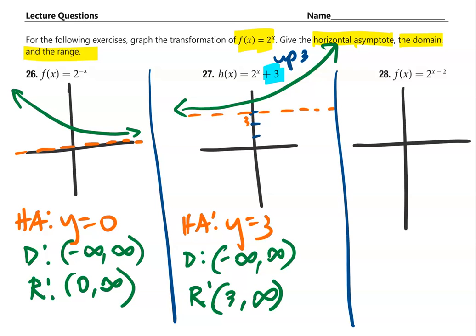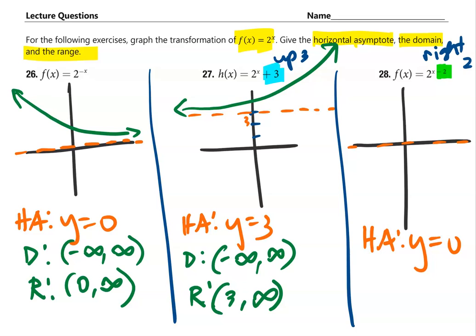And then 2 raised to x minus 2. We did an example like this. Minus 2 means to the right 2. So you still have the same horizontal asymptote at y is equal to 0.